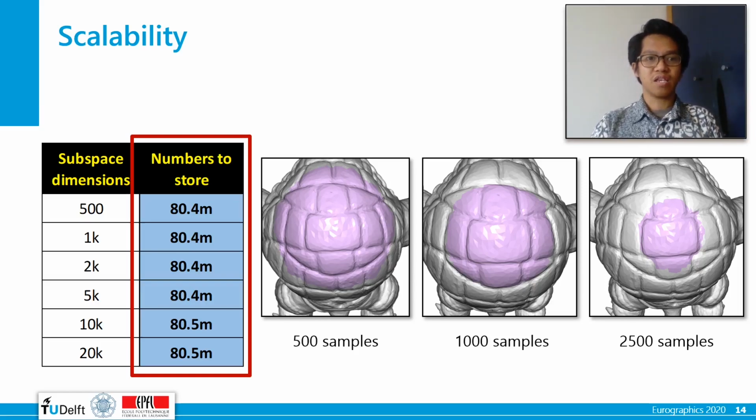Also, the computation time needed to compute the basis remains similar, because even though more eigenvalue problems need to be solved for a large number of subspaces, each eigenvalue problem is smaller in size compared to the others.